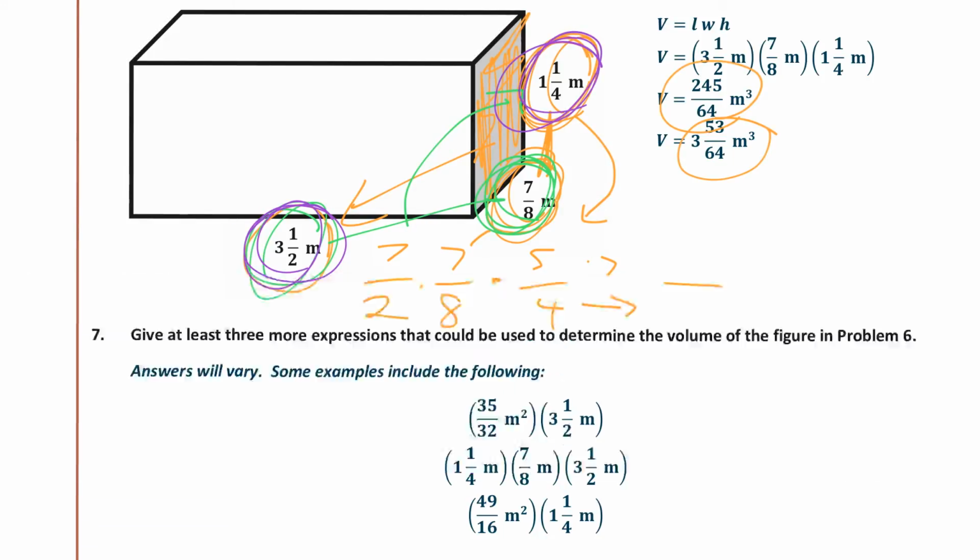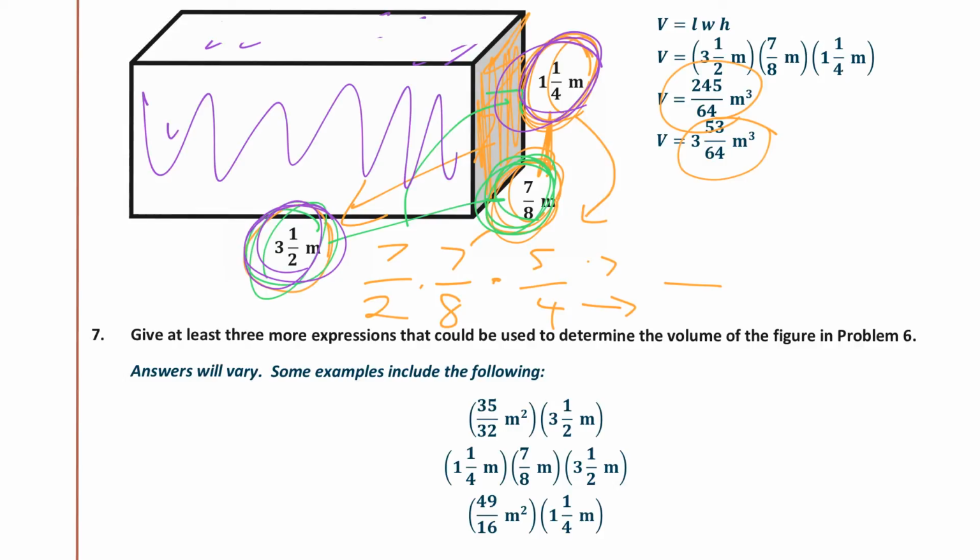It's like you're finding the area of the top, and then you multiply it, or sorry, I'm doing this too fast, that would be like finding the area of this, and then you're going to find the area of this, and then multiply the product of those two times this number. So all they're doing is multiplying two of them together first.